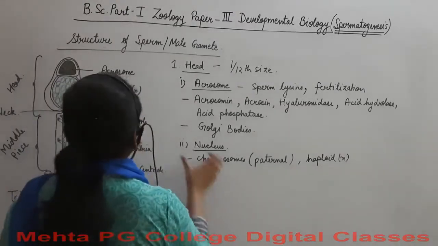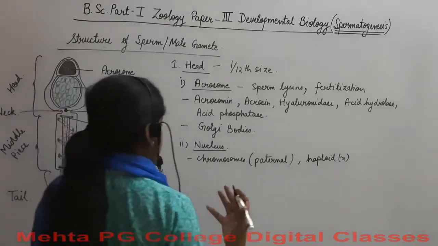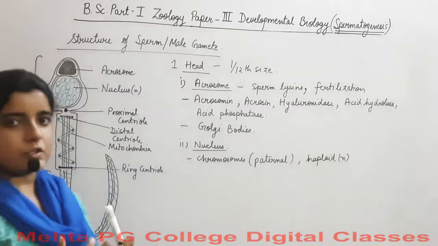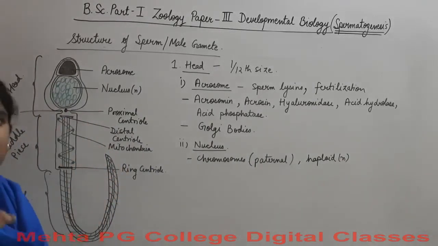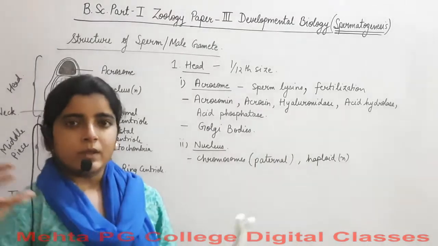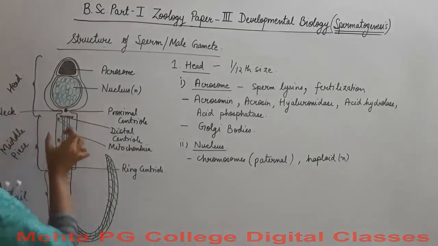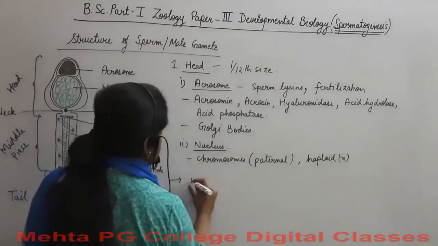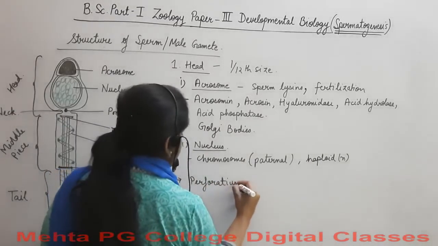So, the nucleus is present just below this region. Below the nucleus region, there is a depression, that means the neck portion, which is called the perforatium region.